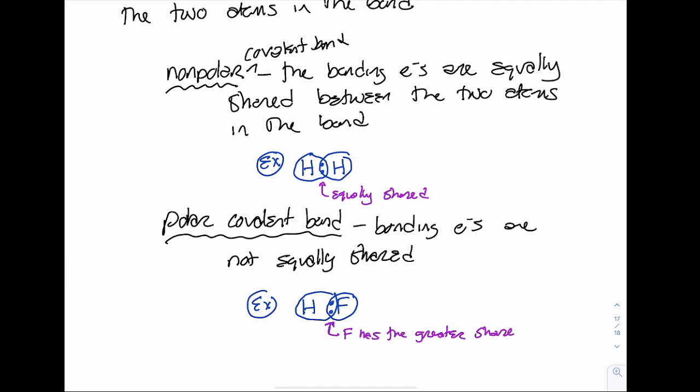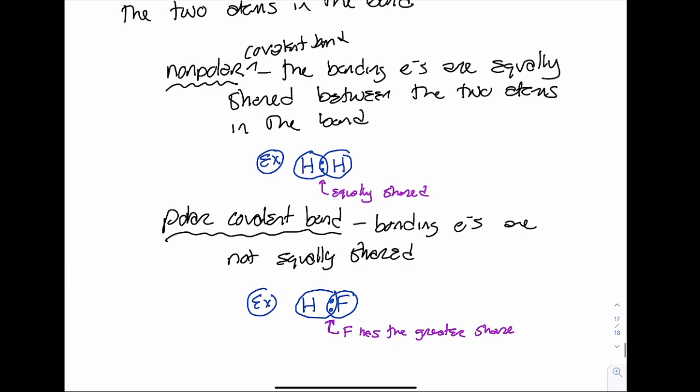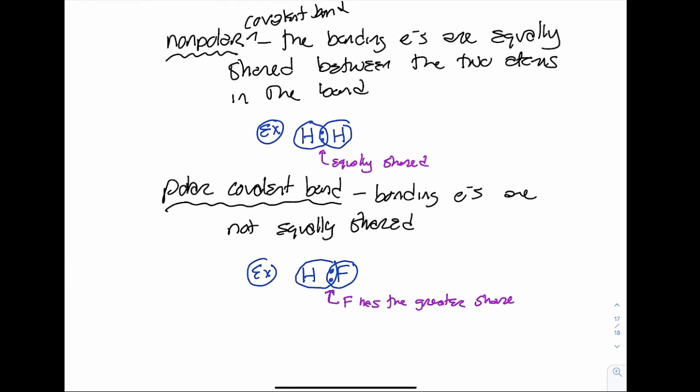Sometimes tug of war will be used as the analogy. So if the two hydrogens were playing tug of war for those electrons, the little piece of tape on the rope is found right between the two. Nobody's winning. They're equally strong, so they're pulling with the same amount of force. If hydrogen and fluorine were playing tug of war for those electrons, fluorine is actually stronger in this case, and that piece of tape on the rope is closer to fluorine.